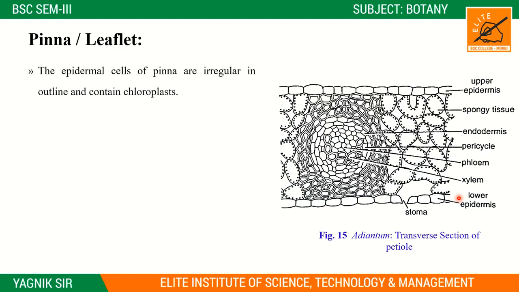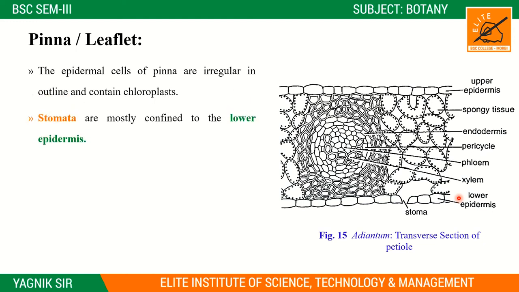Here, similar to the other structures, there is an outer layer of epidermis, but in the leaflet two epidermises are present, right? The upper epidermis and the lower epidermis. And in Adiantum, the upper epidermis is always continuous, but the lower epidermis is not continuous, right? Because stomata are present on the outer side, right?